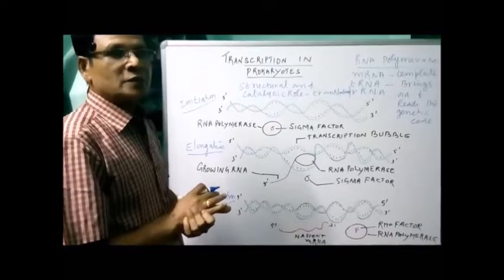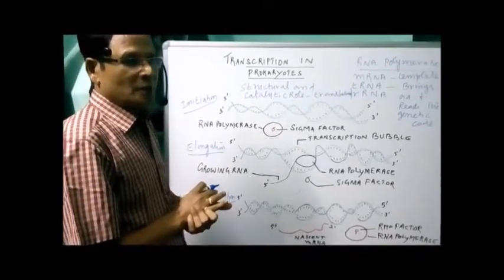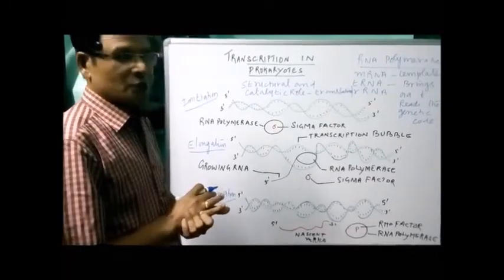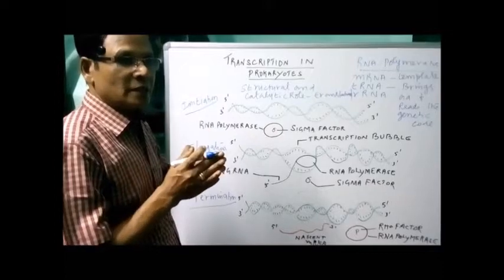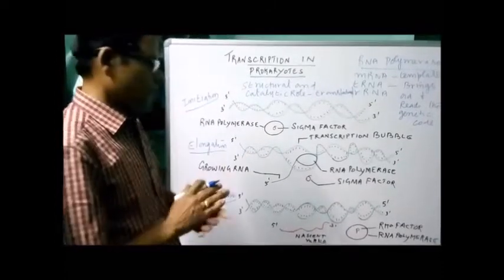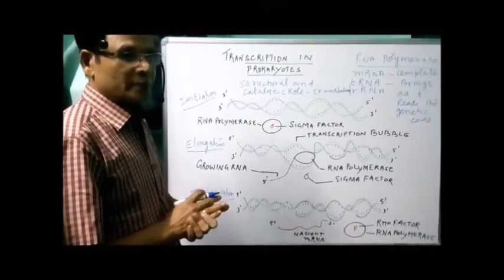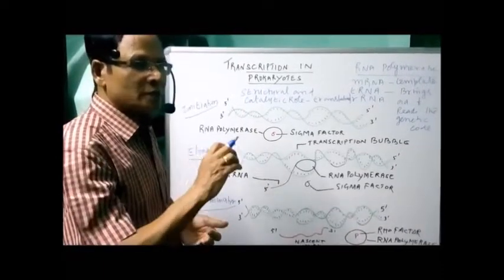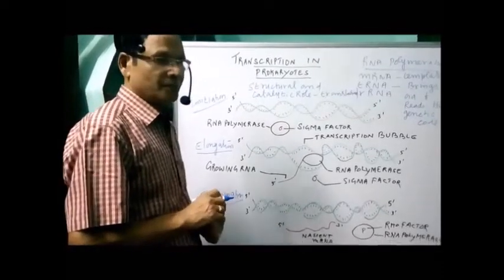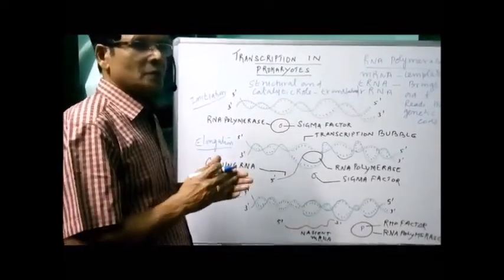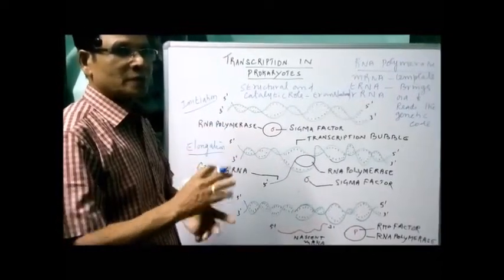there is a sequence in the DNA or some other protein. Now we have two types of termination. One type of termination is called DNA dependent termination. In DNA dependent termination, what will happen? The newly synthesized RNA, the nascent mRNA here, is being relieved from that DNA strand with the help of the sequence present in the DNA.